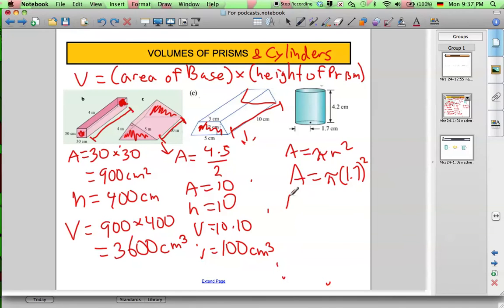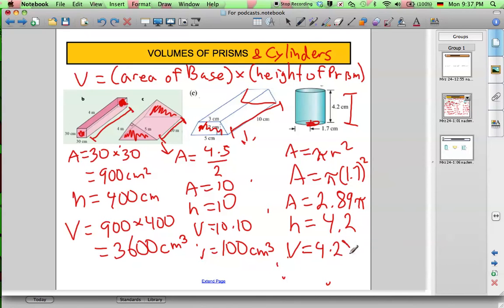So the area here is 2.89 pi. That's the area of the base. The height is 4.2. The height of the prism is 4.2. So the volume of the cylinder is 4.2 times 2.89 pi.